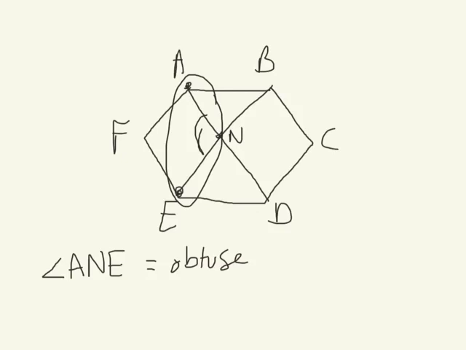Now, if we were to look at angle NBC, we would notice that our vertex is going to be right here, and the angle is actually this angle right here. Now, this angle is less than 90 degrees, so this angle would be called an acute angle.